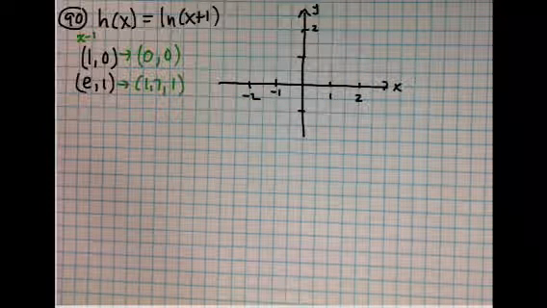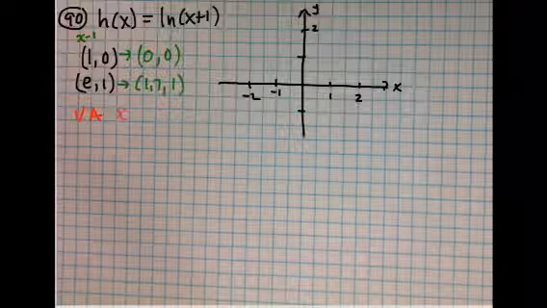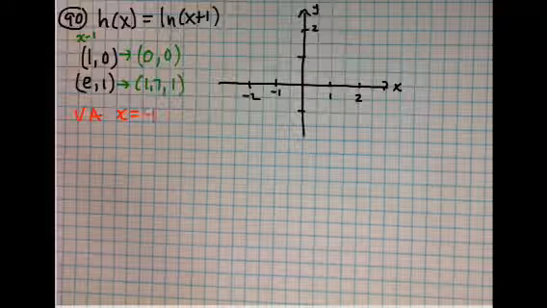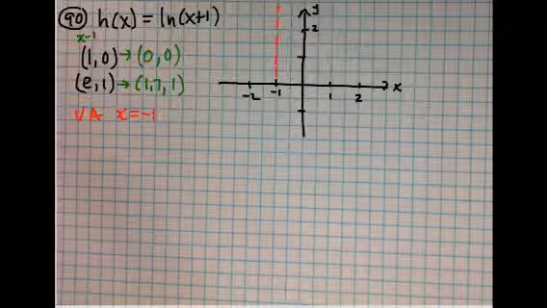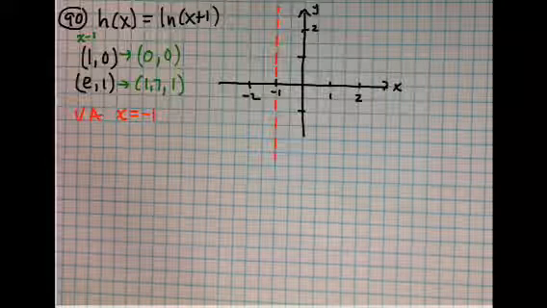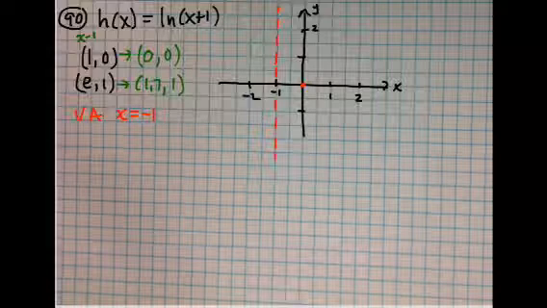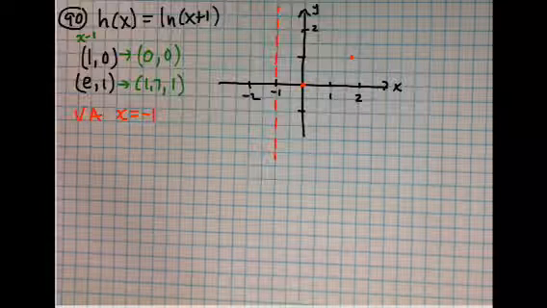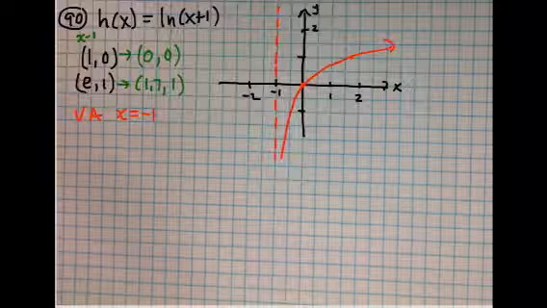So the vertical asymptote, since there's a translation to the left by 1 unit, because h is negative 1, vertical asymptote is x equals negative 1. So right here we draw the asymptote, and then 0, 0, and 1.71. So about here. Like that. Connect the points.